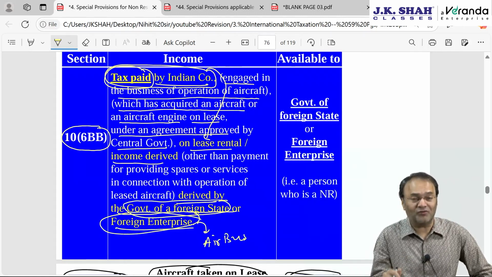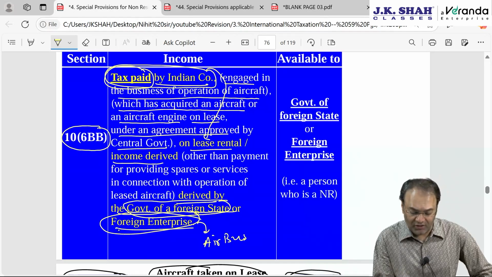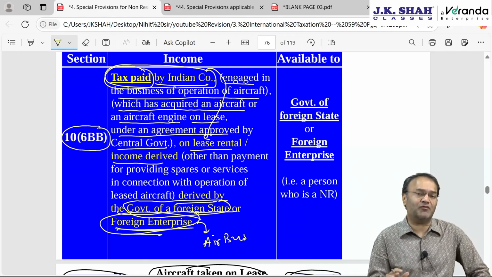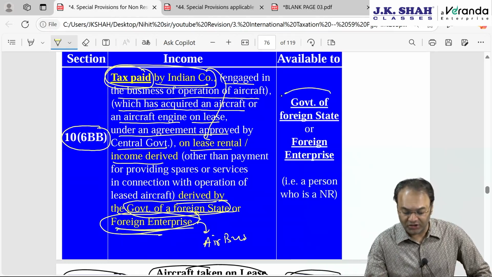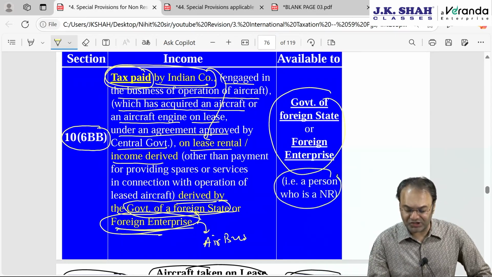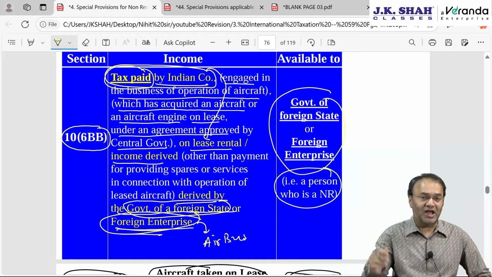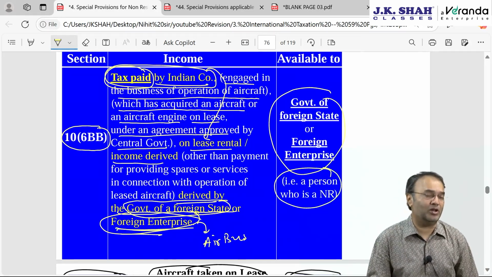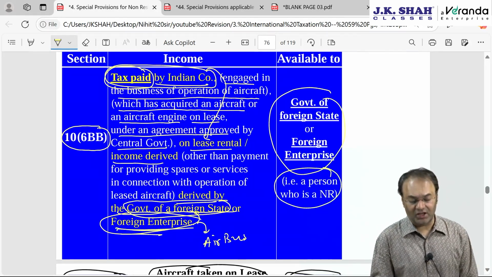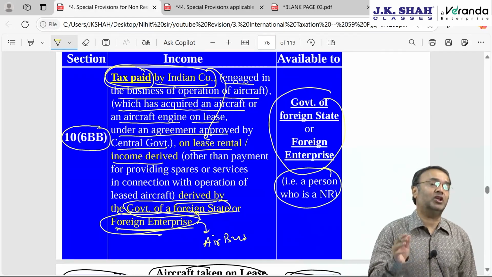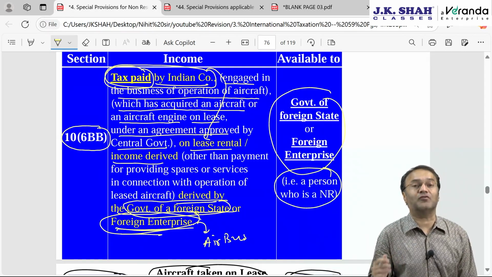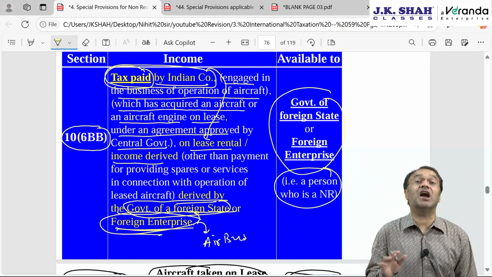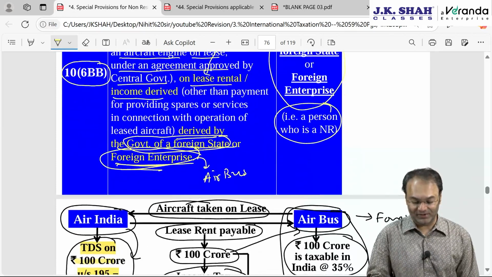Provided that the government of a foreign state or that foreign enterprise, ideally it will be a foreign enterprise, but by chance if it is the government of a foreign state, come what may, that person should be engaged in the business of giving aircraft on lease, should be a non-resident or a foreign company, plus should be in the business of giving aircraft on lease. Then the tax paid by the Indian company on behalf of such foreign company or foreign enterprise will not be taxable in the hands of such foreign enterprise, which ideally should have been taxable.